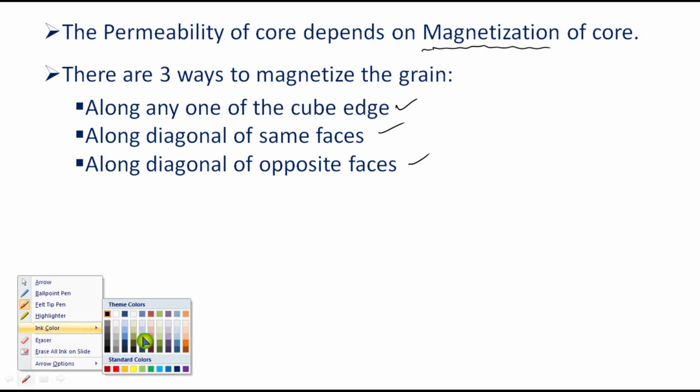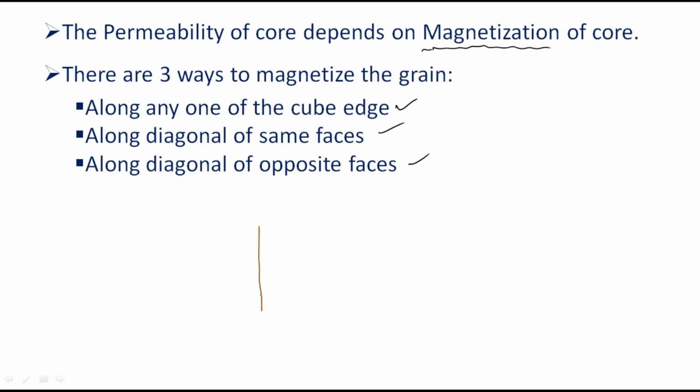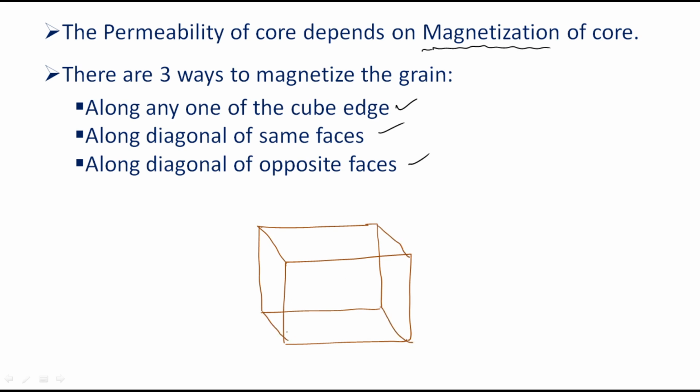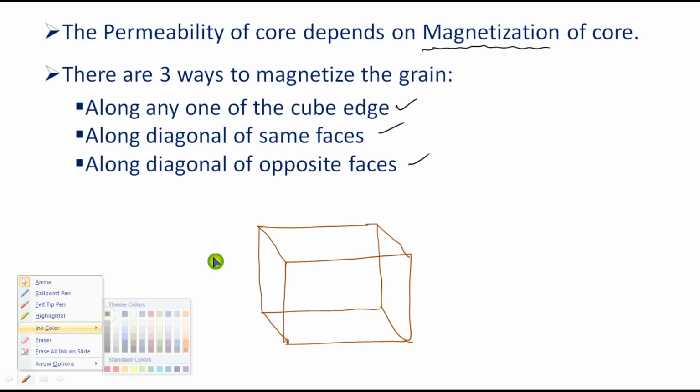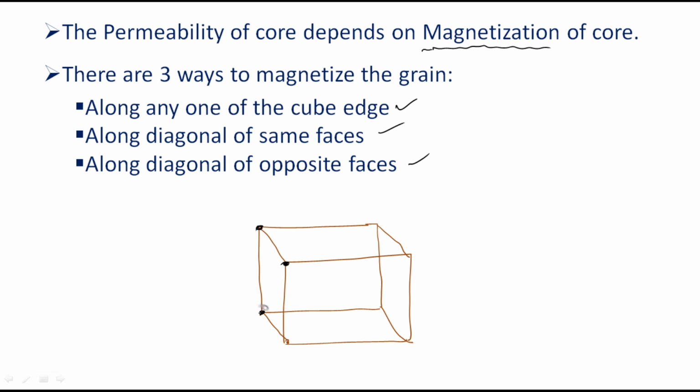So let us say these are the atoms which are present at the corners of the cube, and one atom is present at the center of the cube. So first point is what? Along any one of the cube edge.